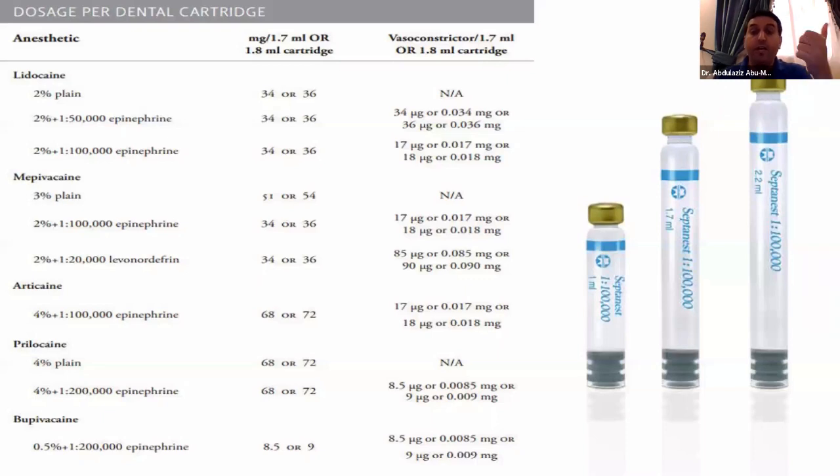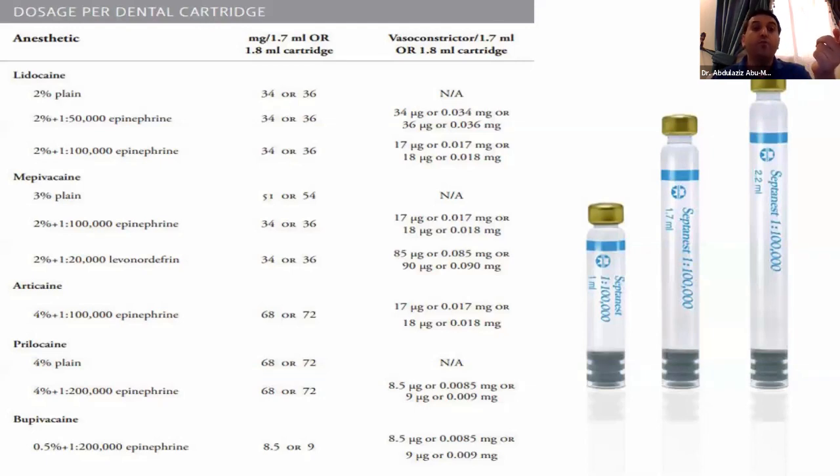If you're using something with 1 to 2,000, it will equal 0.009. That means I can use 4 carpules of 2% with 1 to 200,000. So you need to know how much is the carpule, the milliliter, and how much epinephrine is inside.